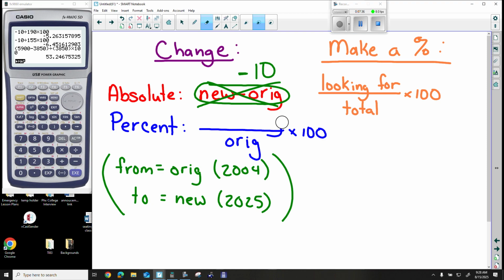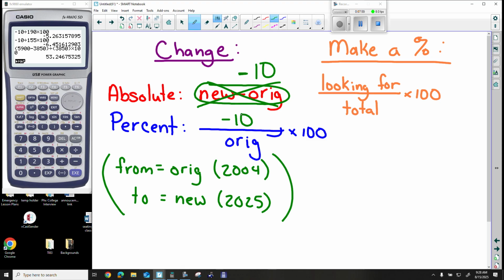So again, we know what this top value is in this particular situation, but notice what we don't know. We don't know their original weight. To find a percentage, you have to know what the original weight is. All right, so make sure you have that figured out.